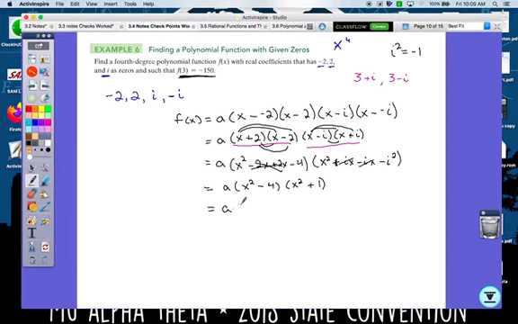So the a is still hanging out. x squared times x squared gives me x to the 4th. Outside gives me 1x squared. That's the x squared times the 1. A negative 4 times the x squared gives me minus 4x squared. A negative 4 times the 1 gives me a minus 4.